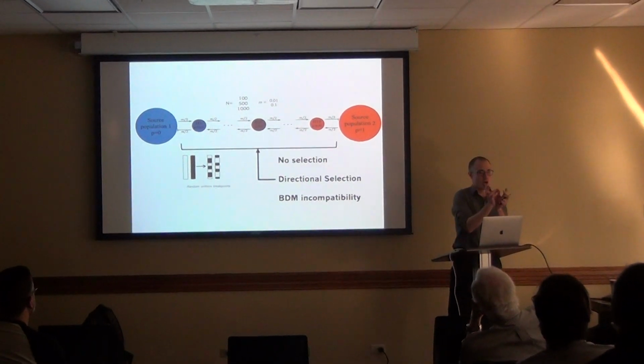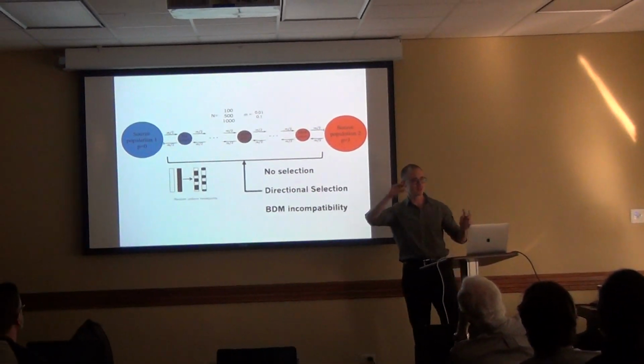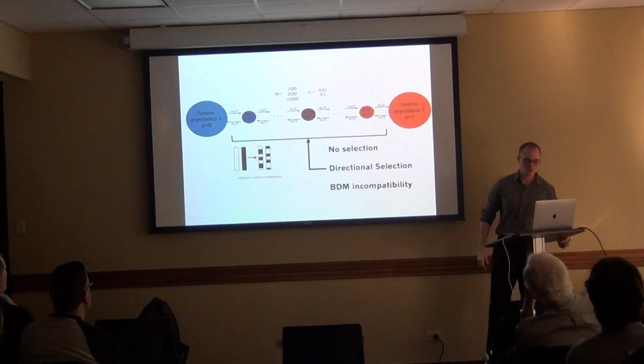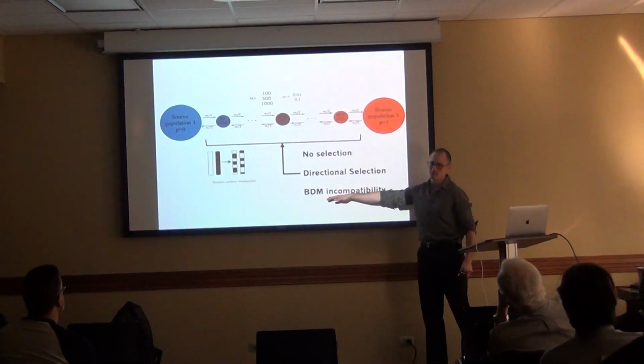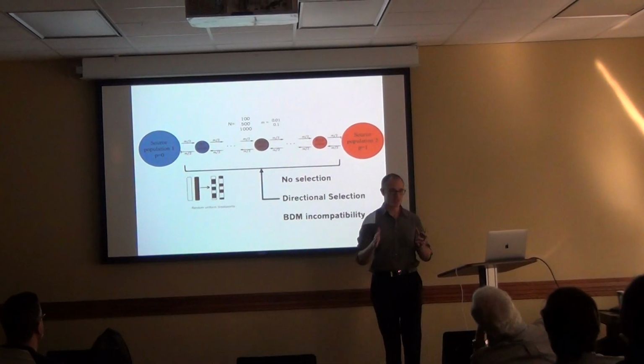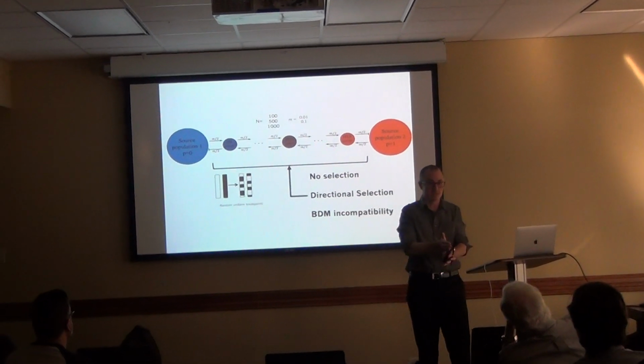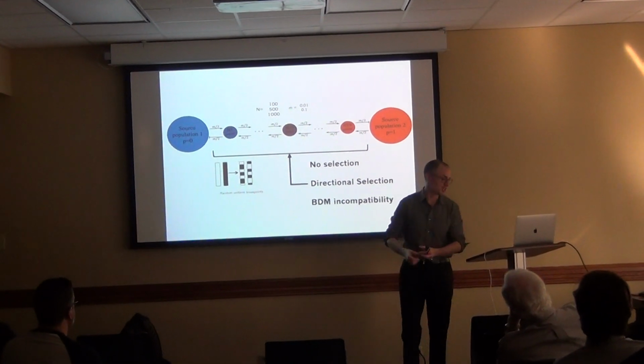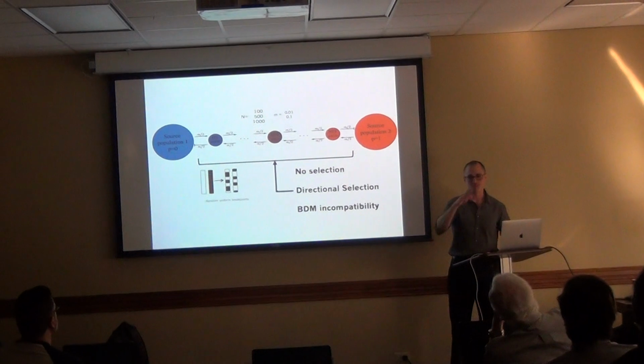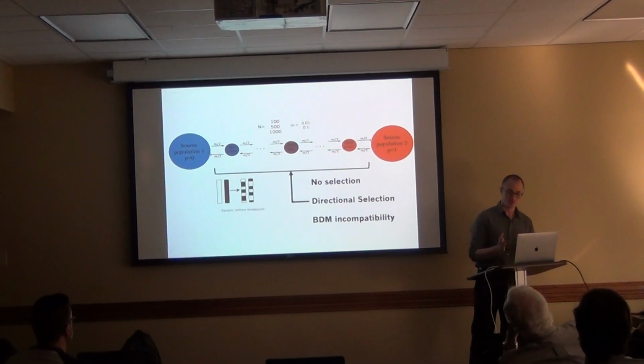So one gene is going to be advantageous, so it's going to be moving. And in another one, I apply a BDM incompatibility. So there's going to be a lot of selection against hybrids, against this combination of genomes. So I expect a lot of clines with reduced widths.